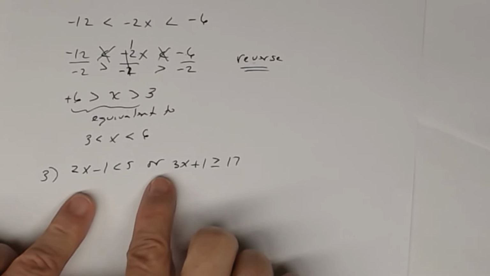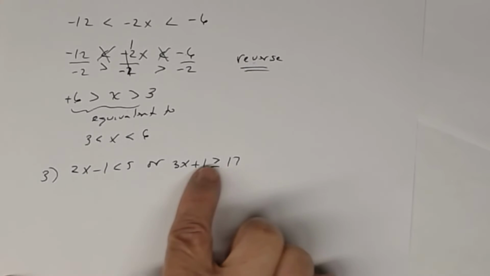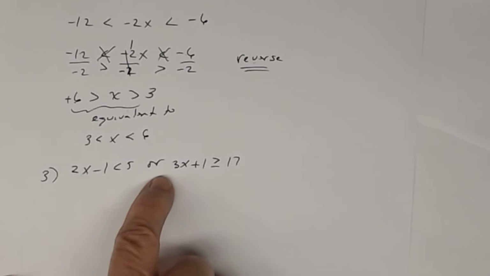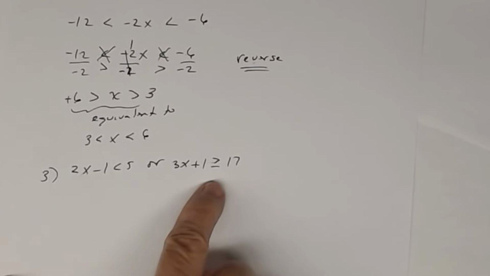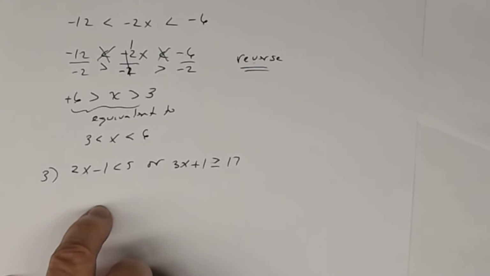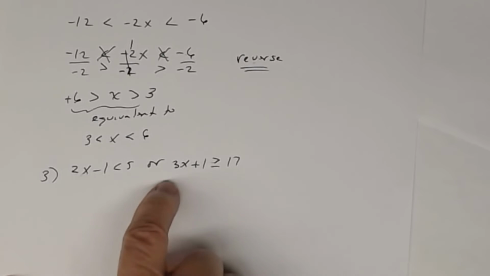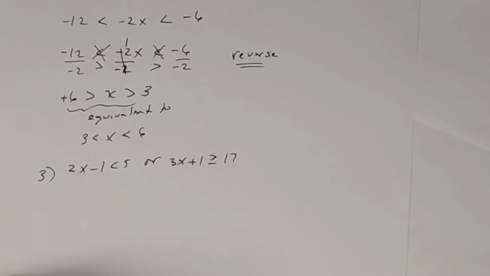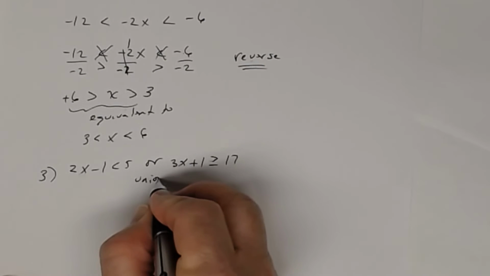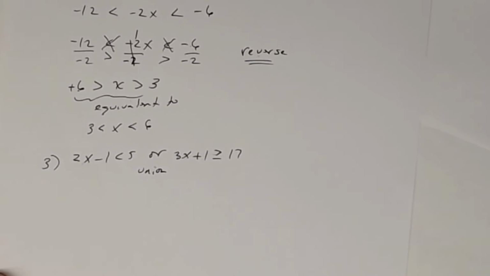Basically what you're saying is this: the solutions to this compound inequality will be solutions to this or this, not both, but to each one. So whatever the solutions are here is a solution to this whole thing. Whatever the solution is here is a solution to this whole thing. Okay? So that's what you're finding. So the or means union.